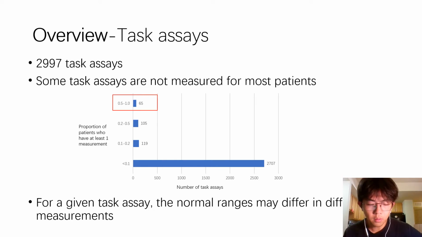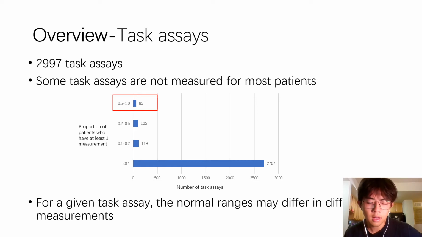Here we will introduce some information about the test classes of the dataset. This dataset contains a large number of test classes, about 3,000. However, most of those tests are only measured in a very small number of patients. The statistics are shown in this figure. The x-axis is the number of assays, and the y-axis is the proportion of patients who have at least one measurement.